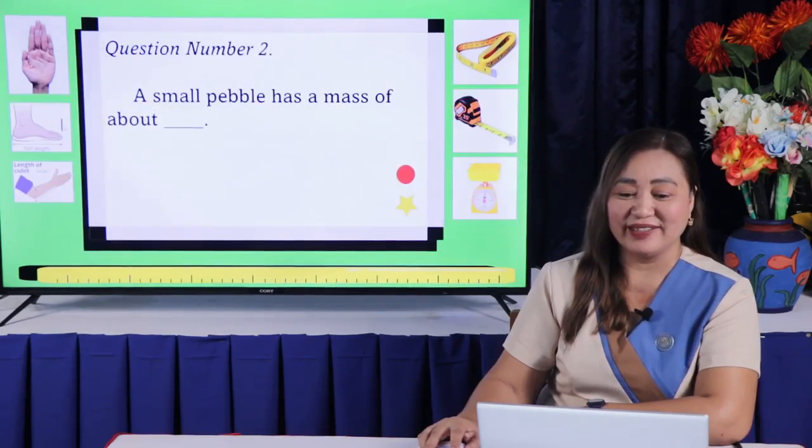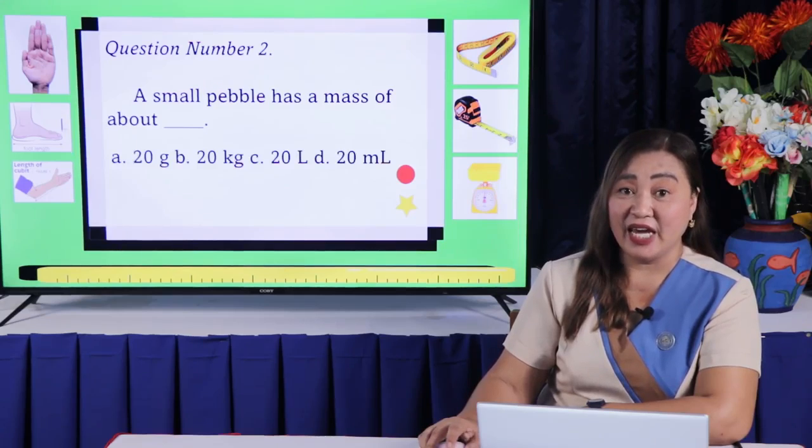Question number 2. A small pebble has a mass of about blank. A, 20 grams. B, 20 kilograms. C, 20 liters. D, 20 milliliters.